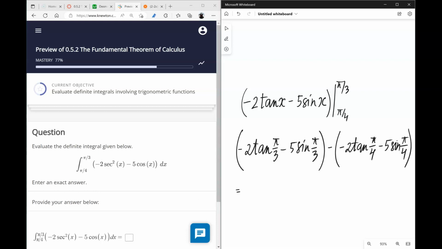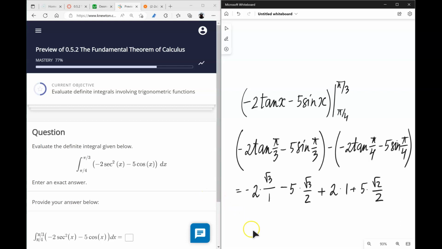So tangent of pi over 3 is sine of pi over 3, which is root 3 over 2, divided by cosine of pi over 3, which is 1/2. So that's tangent. Sine of pi over 3, as I said earlier, is root 3 over 2, plus 2 tangent of pi over 4, that's just 1, and plus 5 sine of pi over 4, that's root 2 over 2.